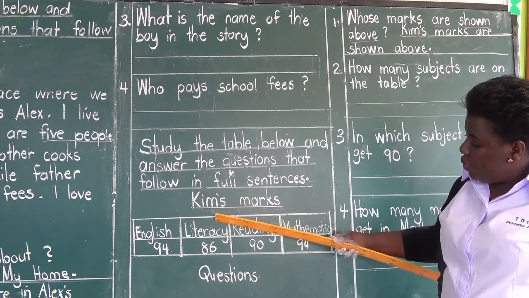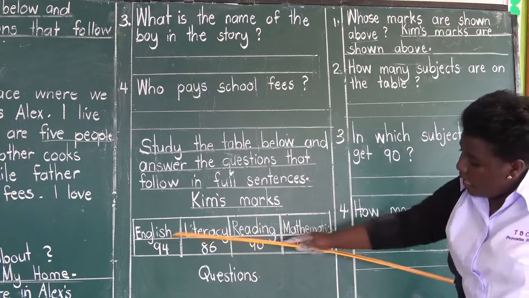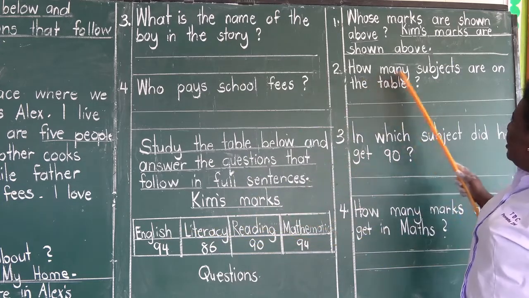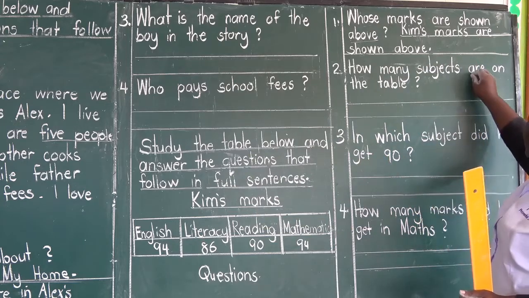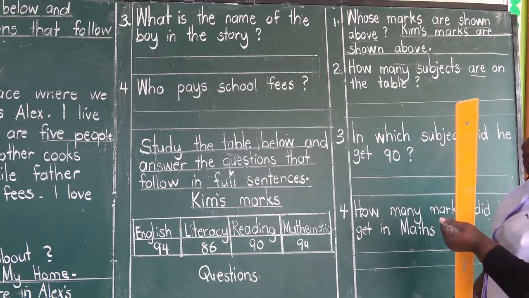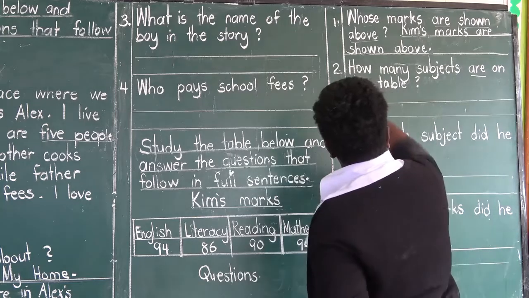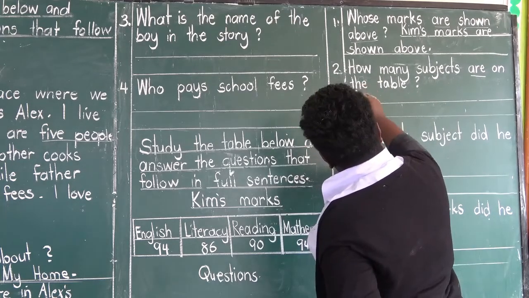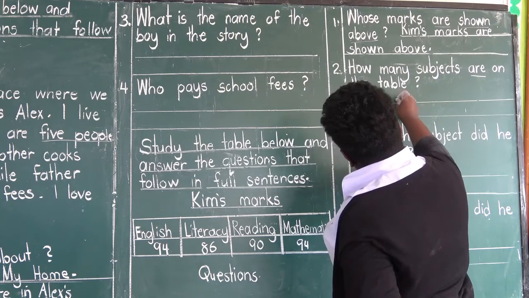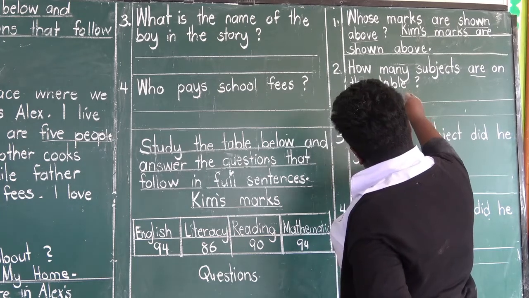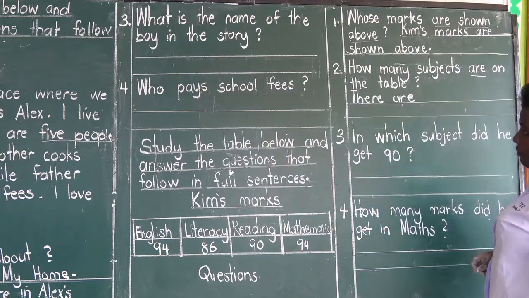1, 2, 3, 4. How many subjects are there? There's this word are. So we shall begin: there are. How many are there? We said there are 4.